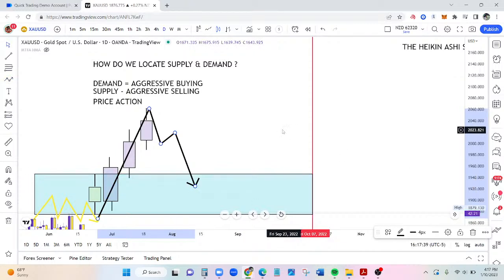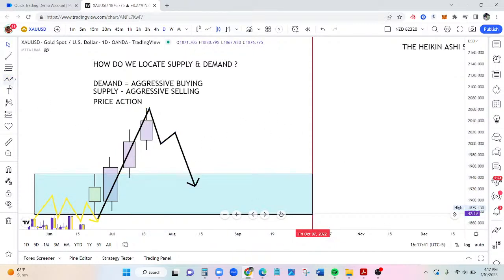I don't want this to be yellow. We want price to retrace back, and then we look for some type of candlestick combo to take the trade up. Whether it's Forex or binary, you apply it in the exact same fashion. This is why I love market structure, because you can do it on either side.